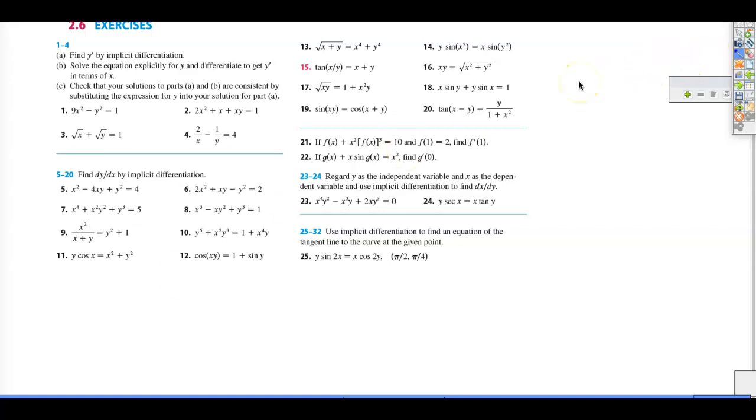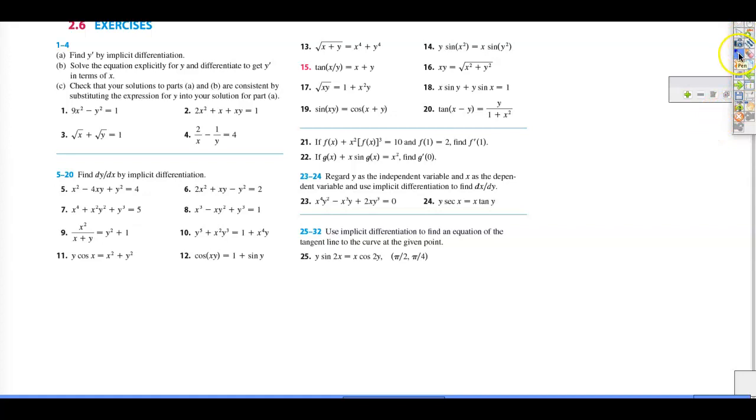Okay, so let's take a look here at a couple of examples coming from section 2.6, implicit differentiation. What you have to keep telling yourselves is what makes this an implicit equation: notice that the x's and y's are on the same side of the equation.